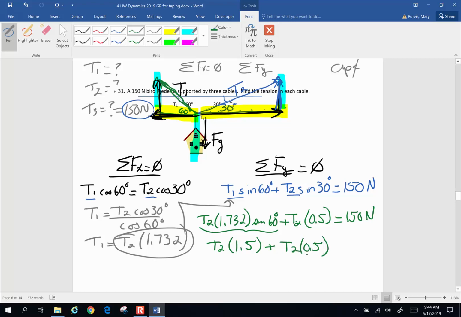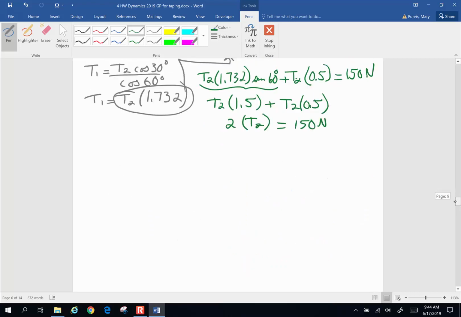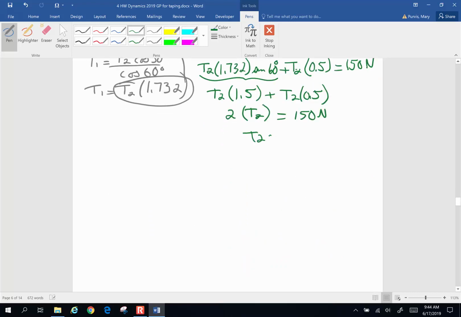When I add these together, 1/2 and 1.5 is 2, so I end up with 2 times T2 equals 150 newtons. So what does T2 end up being? T2 ends up being 150 newtons divided by 2, or T2 ends up being 75 newtons. That's what I get for T2.